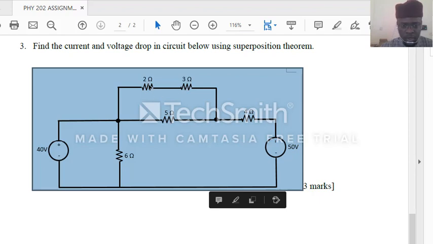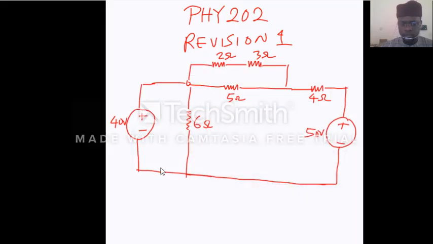We can start by taking the summation of this, which is 5, and then we take the equivalent or total resistance, which is 5 in parallel to 5.